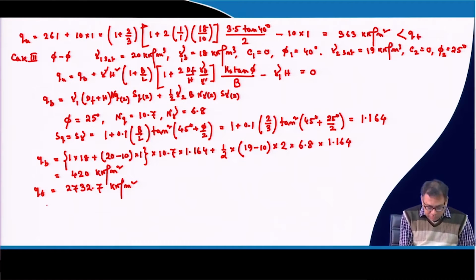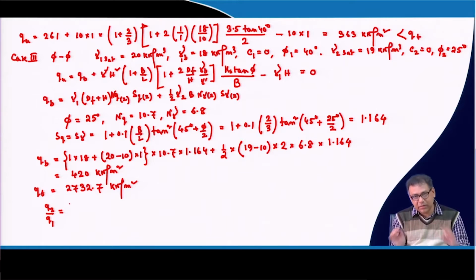Now, the q 2 by q 1 will slightly change. Now, what is q 2? The q 2 value: both are sand, and on the surface of each layer the first and second terms are 0.